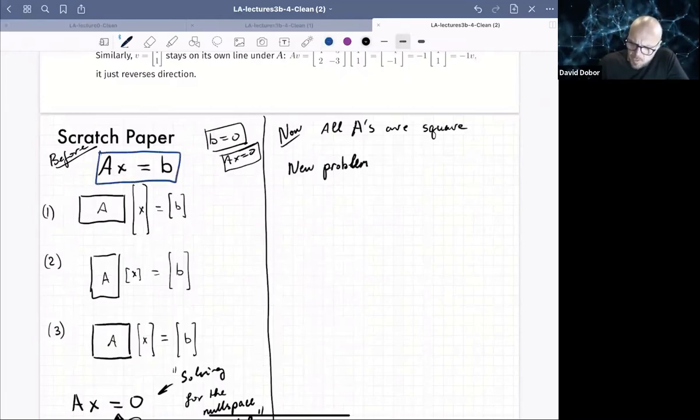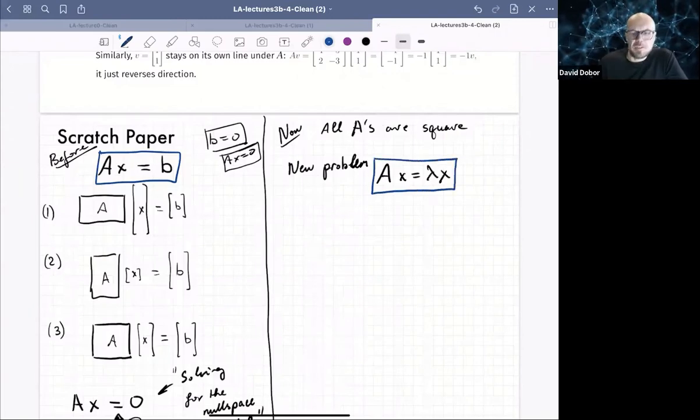And now the new problem is AX equals lambda X. First, we'll spend some time actually parsing what this means today, the first third of the lecture or so. And then we'll have a streamlined way of solving, so to speak, this system of equations. So notice what we have here is that on this side, we have matrix A times a vector.